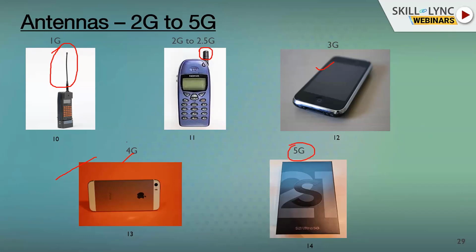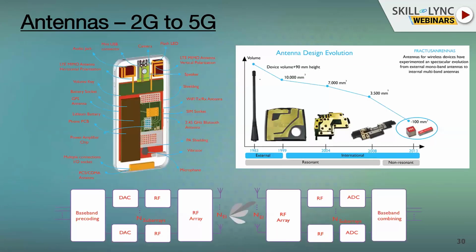If you are implementing a non-standalone network, it has to co-locate with the 4G antennas and MIMO antennas, and multi-band MIMO antennas, multi-user MIMO antennas, along with Wi-Fi, Bluetooth, GPS, near field communication antennas, and many more. So you can see how the antennas have evolved.